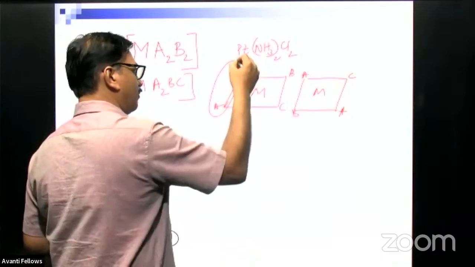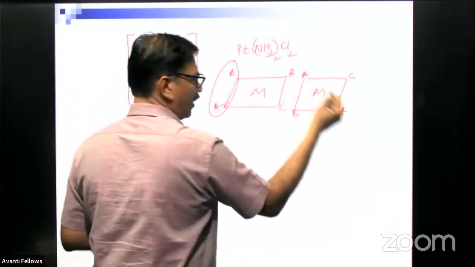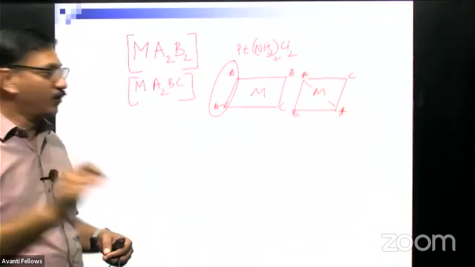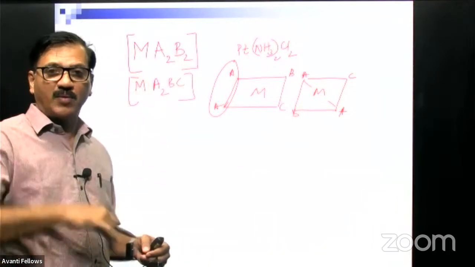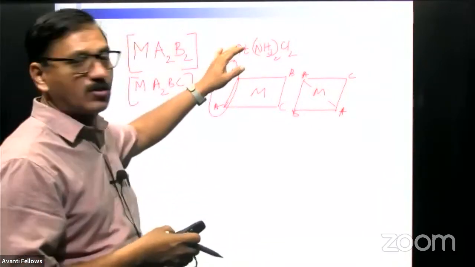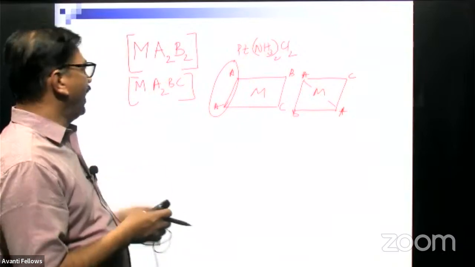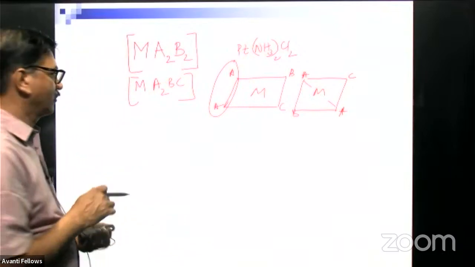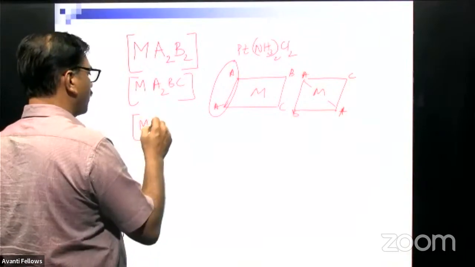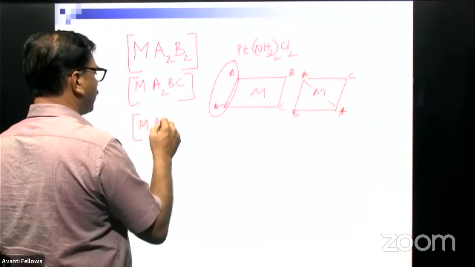Similar atoms are on one side in one arrangement, and similar atoms are opposite in the other, therefore it is trans. It can be applied to this also. It is not necessary that both ligands be the same. This is not the rule. Therefore, Ma2bc is also possible. Okay, then Mab2.